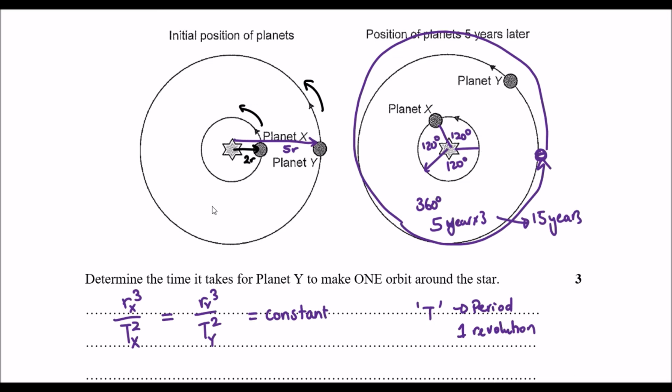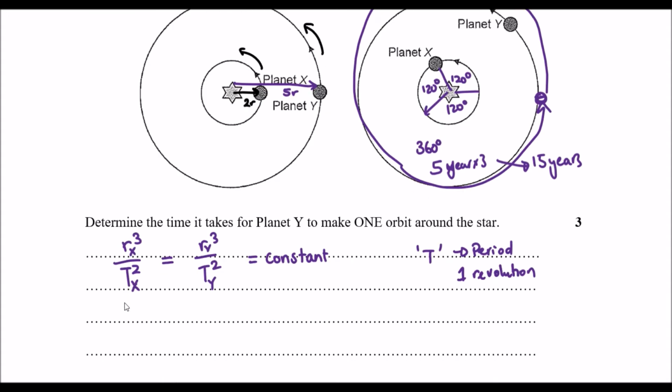Another way we can solve this is using what we talked about with circular motion. So I know that 120 over 360, you can just call it our angular displacement, equals 1 over 3.